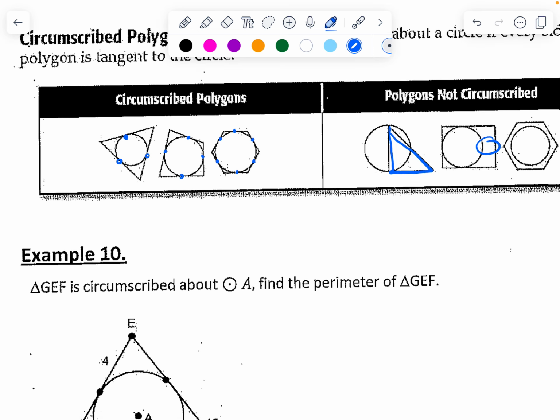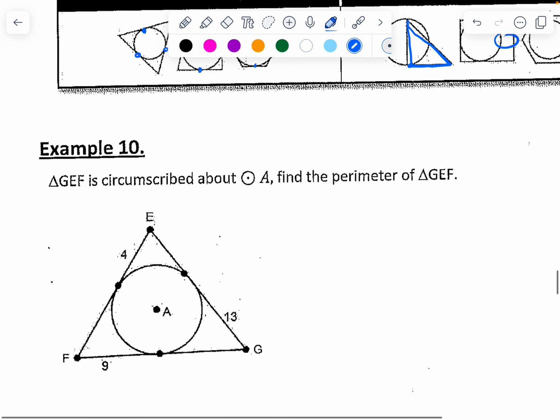So taking that last concept of these parts being congruent, I can make the statement that this left side is 4, so the right side also has to be 4. Down here, if one tangent is 9, the tangent on the other side is also 9.